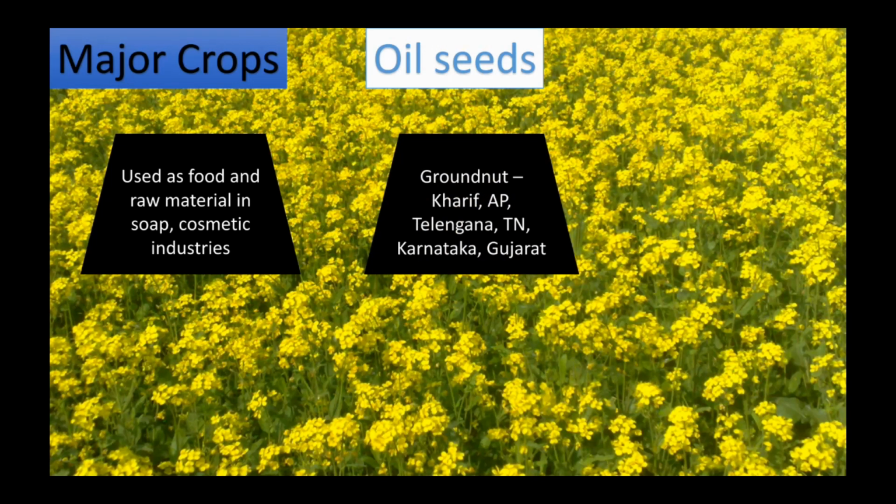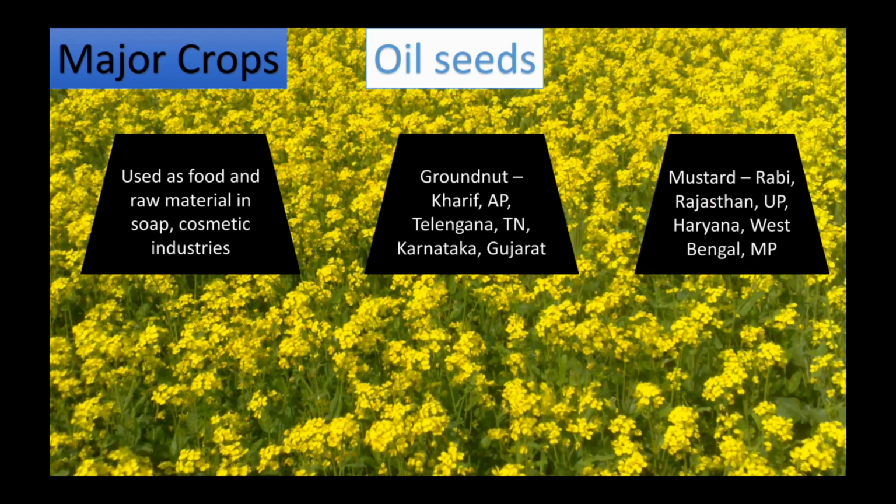Groundnut, mustard, coconut, sesame, soybean, linseed, sunflower are the major crops produced in India. Let's now discuss each one by one. First, groundnut. It is a kharif crop. Andhra Pradesh, Telangana, Tamil Nadu, Karnataka, Gujarat and Maharashtra produce about 85% of our total production in India.